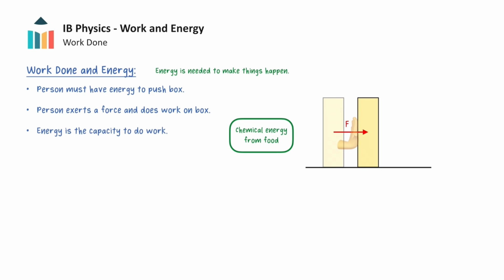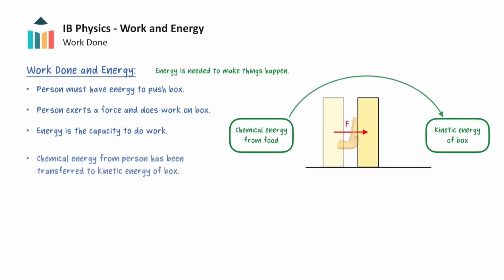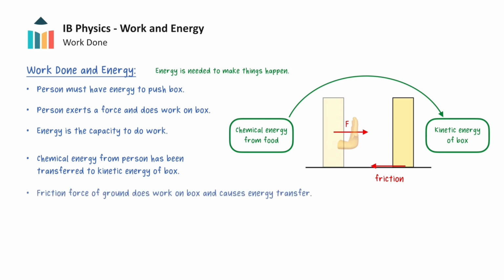Now, any object with motion will have kinetic energy, so the box must have gained kinetic energy from the person's chemical energy, and this process is known as a transfer of energy. If we consider friction acting on the box, this will oppose the box's motion and cause the box to slow down. Friction does negative work on the box, and this causes a transfer of energy from kinetic energy to thermal energy.